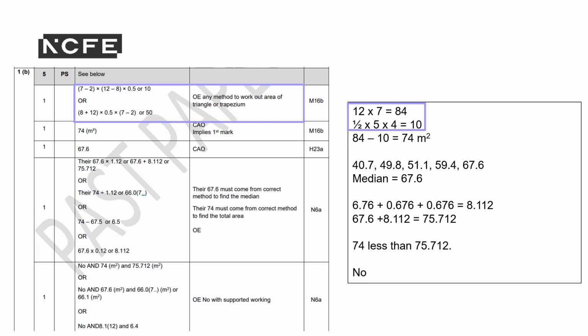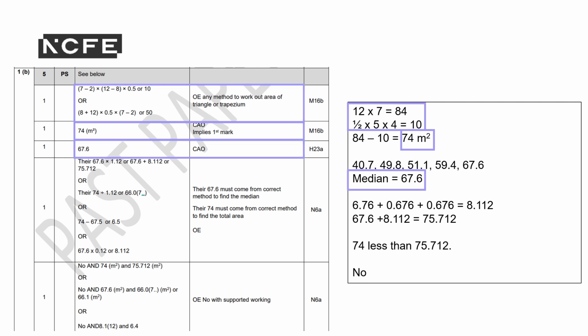We're gaining the first mark for the method of calculating the area of the rectangle and then calculating the area of the triangle. But any method to work out the area of the triangle or trapezium would be fine. The next mark comes from the correct area, 74 metres squared, so that's brilliant. We've got the first 2 marks.